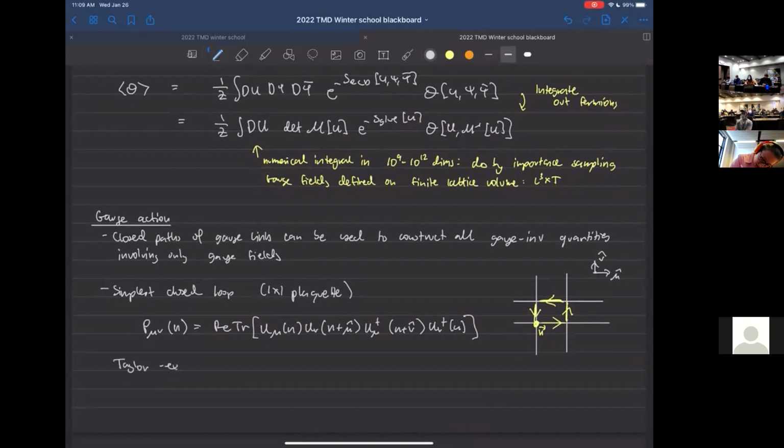If you just Taylor expand the U mu's in terms of A mu, we can see that another way of writing this looks like this.